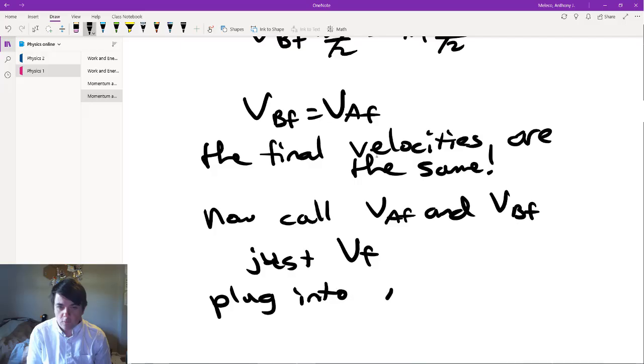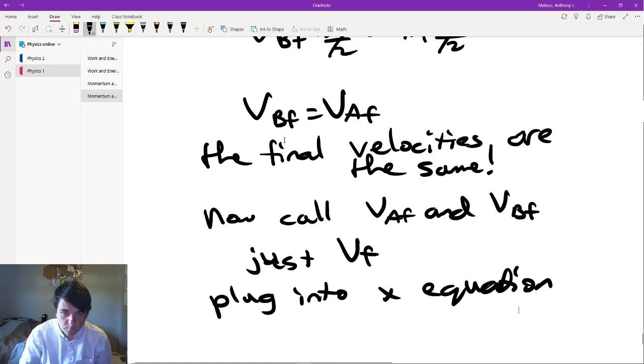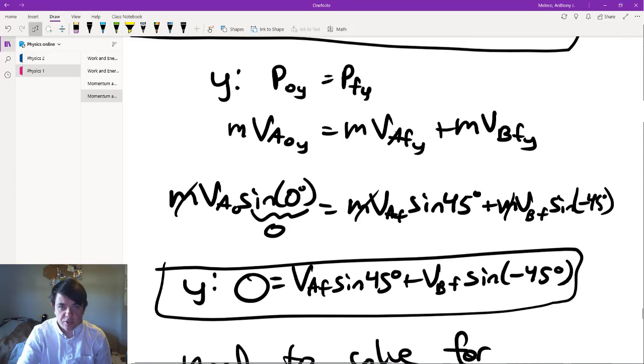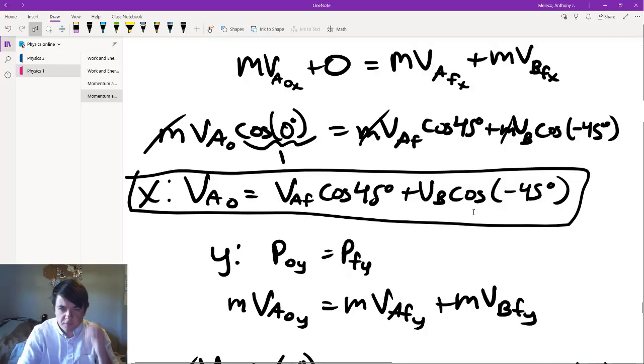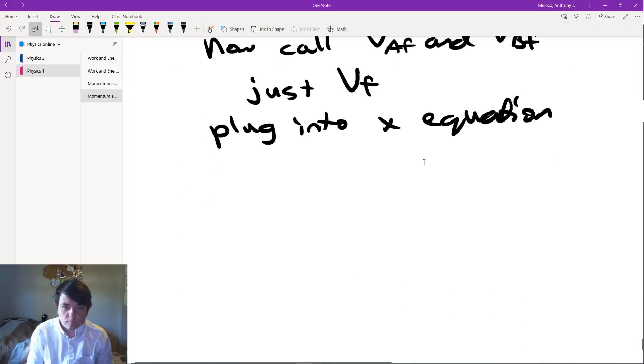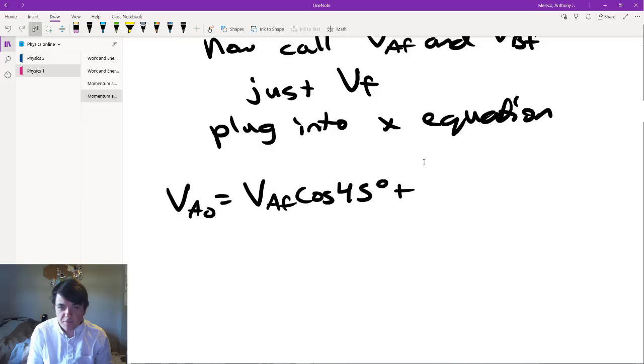Plug into the X equation. Okay, so now we have to look at the X equation. Our X equation was this. I forgot to have an F up here. So VAO equals VA final cosine 45 degrees plus VB final cosine of minus 45 degrees.